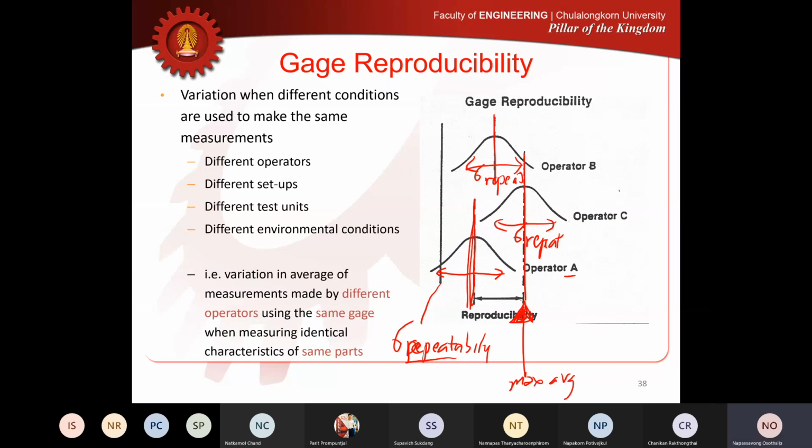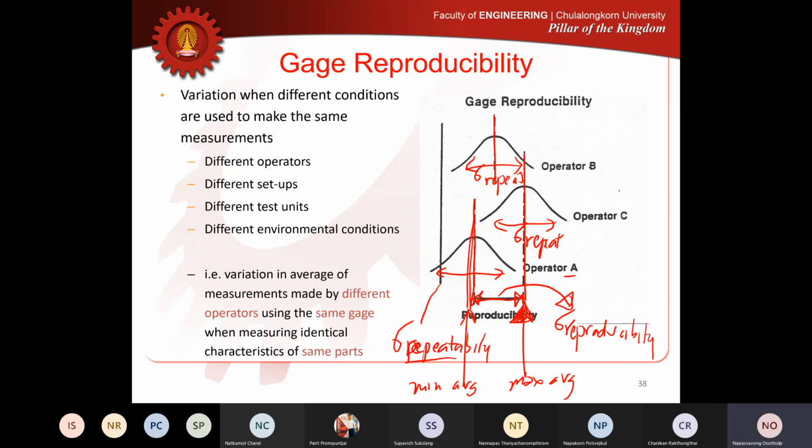And operator A gives the minimum average. So on average, there is this much level of variation or difference among different operators, and this variation is quantified by what we call sigma reproducibility.